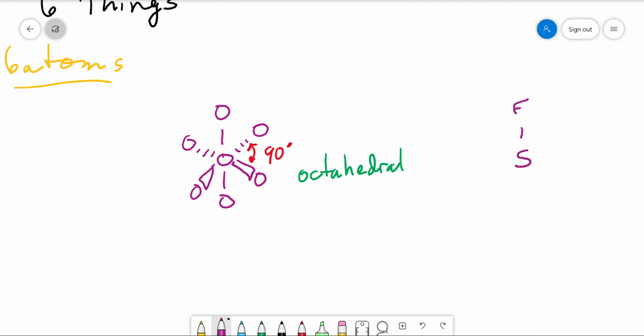SF6 is kind of an interesting molecule. It's a gas. It is denser than air. You know how helium makes your voice really high and squeaky when you inhale it? SF6, sulfur hexafluoride, makes it really deep, like your Barry White, if you know who that is.